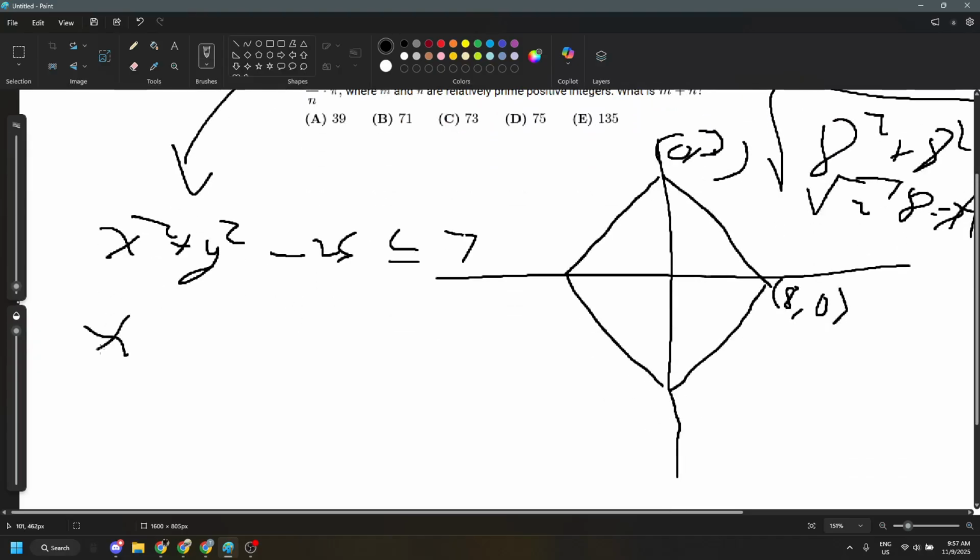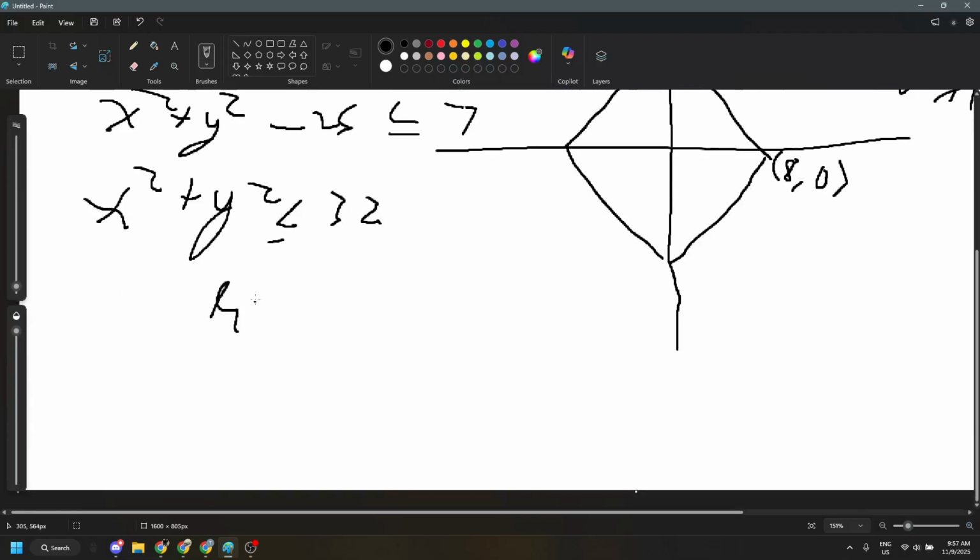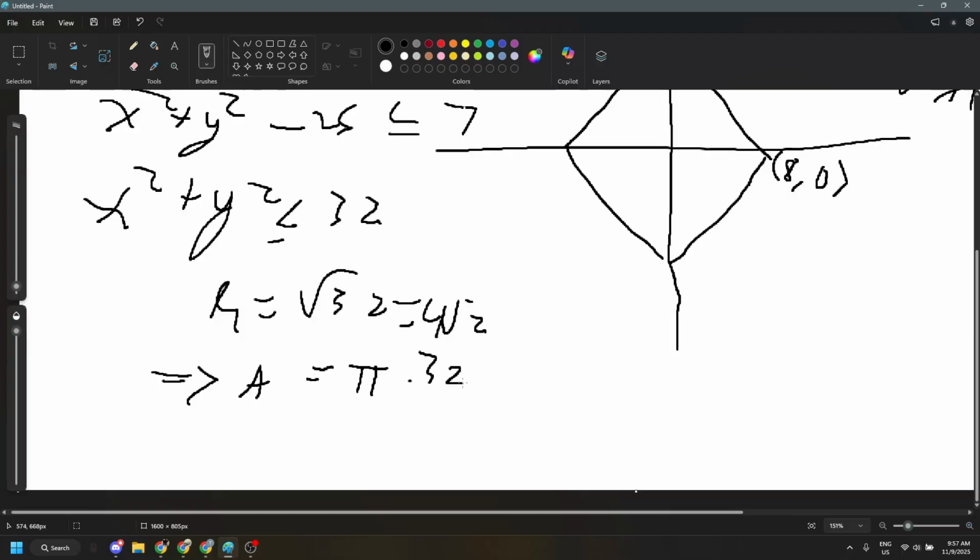And add 25 to both sides. x squared plus y squared is less than or equal to 32. So we say r is equal to square root of 32, which is equal to 4 root 2. So area is equal to pi r squared, which is pi times 32.